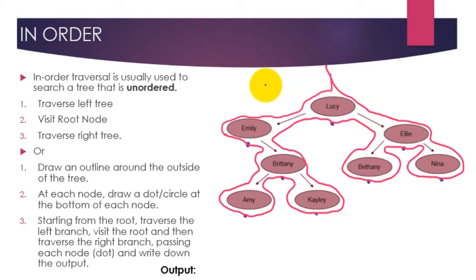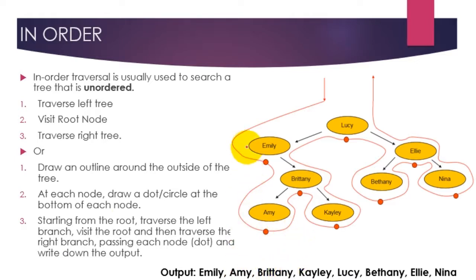And we've finished. And so this time the output is going to be different. And you can see here we visited Emily first, then Amy, then Brittany, Kaylee, followed by Lucy, Brittany, Ellie, and Nina. And that's because this line went under the names, and therefore at any point under the names that we went, okay, all the way around, we kept going until we eventually traversed the entire tree. And that is called in-order traversal.